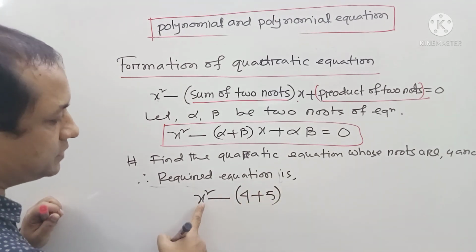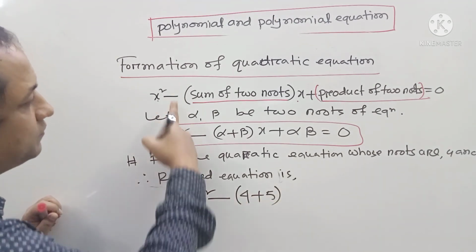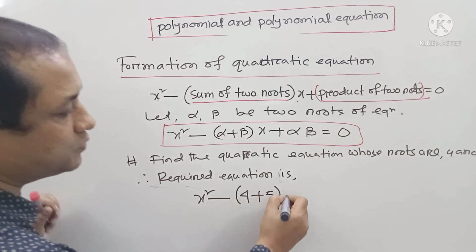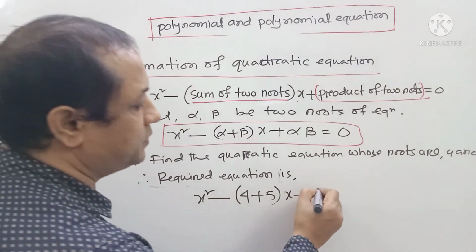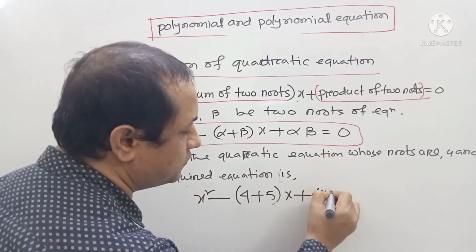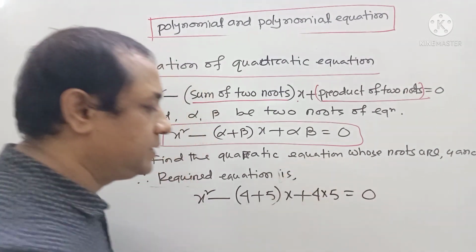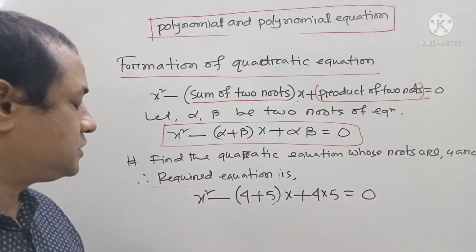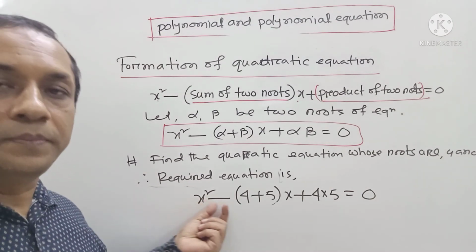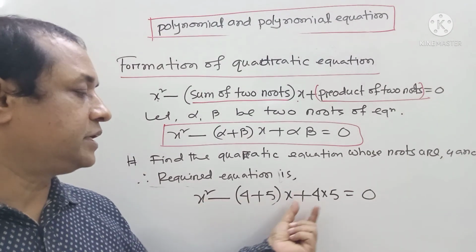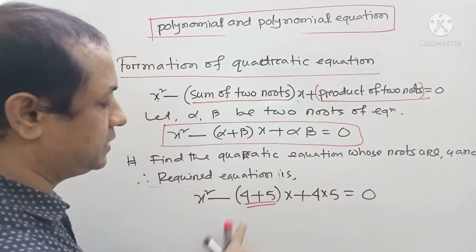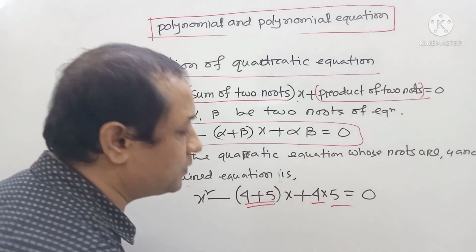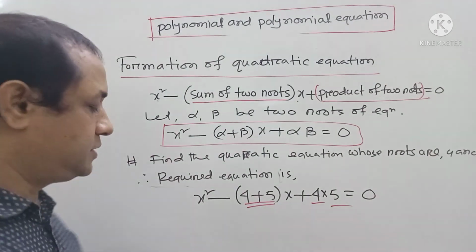So x square minus sum of two roots into x plus product of two roots, where the product of two roots means 4 into 5, and the right side will be 0.